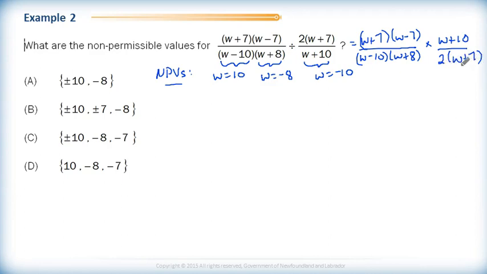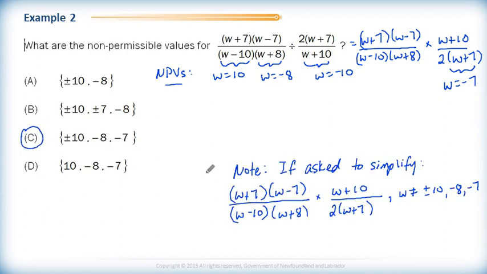So now that we've taken the reciprocal, we've got another non-permissible value at negative 7. So in other words, our non-permissible values were the roots of all our original denominators, plus the root of the numerator for this divisor. So our correct answer here is C.